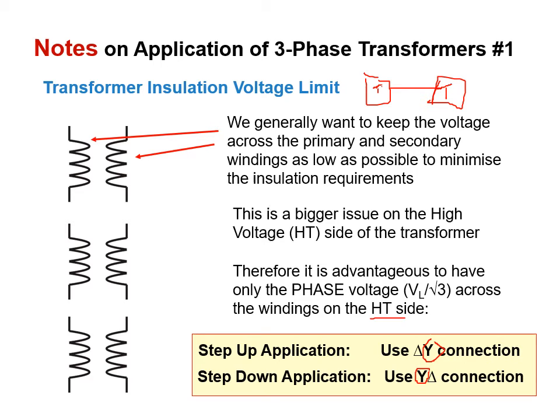On the transmission line we want high voltage, a high tension transmission line, because we want as small a current as possible going through it. So when we're stepping up, a step up transformer from our power station, we want a delta-Y connection, and when we step down on this side we want a star-delta connection. We want the Y part of the transformer on the high tension side of the system.